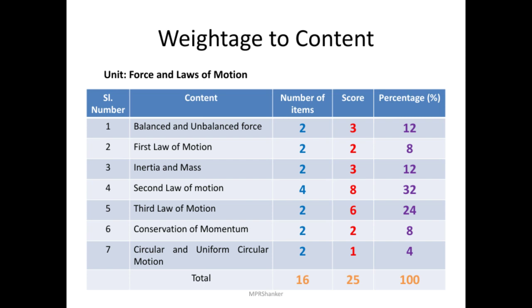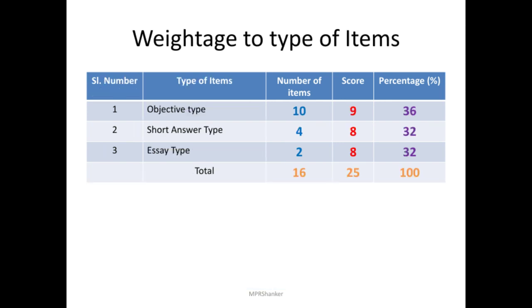In the weightage of content, we can find the weightage of marks for each subtopic and the number of items that are included from each content in this table. Next thing in the design of the test is weightage to type of items.